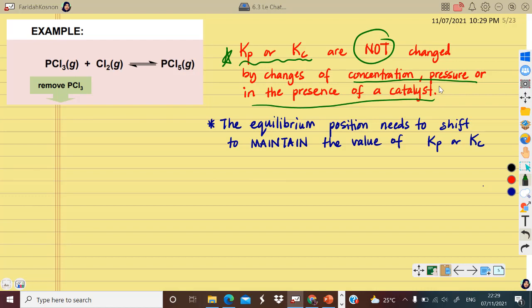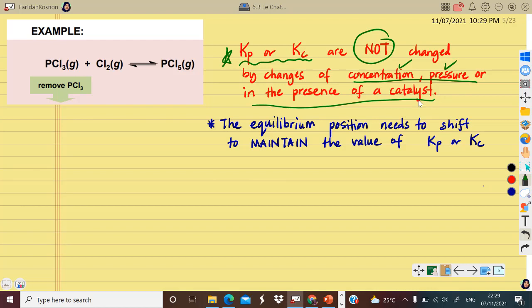Equilibrium position needs to shift to maintain the value of Kp or Kc. Maksudnya before and after disturbance disebabkan faktor-faktor concentration ataupun pressure, ataupun kita tambahkan catalyst, nilai Kc atau Kp masih sama. Okay, tidak akan berubah.